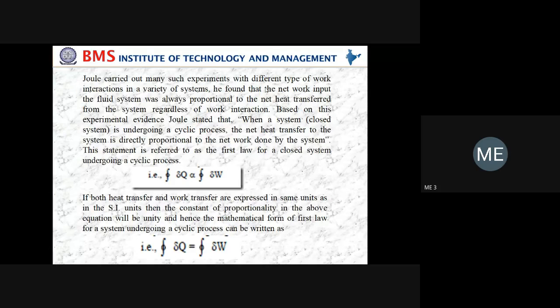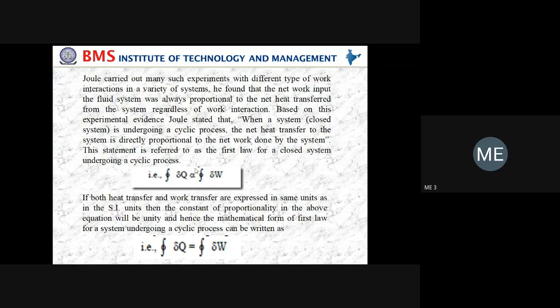This statement is important: whenever a closed system, remember we are dealing with a closed system, not an open system, which is nothing but our steady flow energy equation, is undergoing a cyclic process, then the net heat transfer to the system is directly proportional to the net work done by the system.